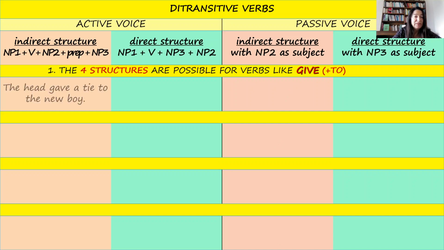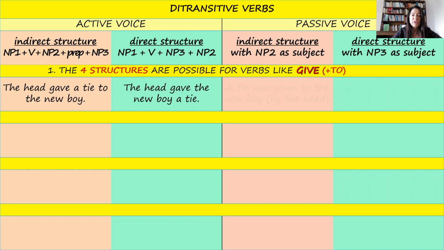So it is possible to say, the head gave a tie to the new boy, in which NP1 is the head, the verb is gave, NP2, le second groupe nominal, a tie, and then the preposition, because we're in the indirect structure, to, and the third noun phrase, the new boy. In the direct structure, since it is direct, there is no preposition, and we can say, for instance, the head gave the new boy a tie.